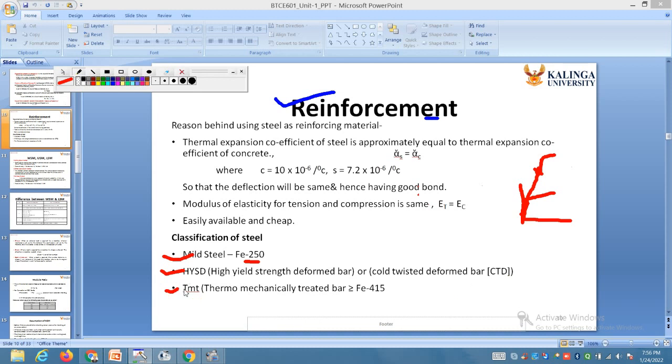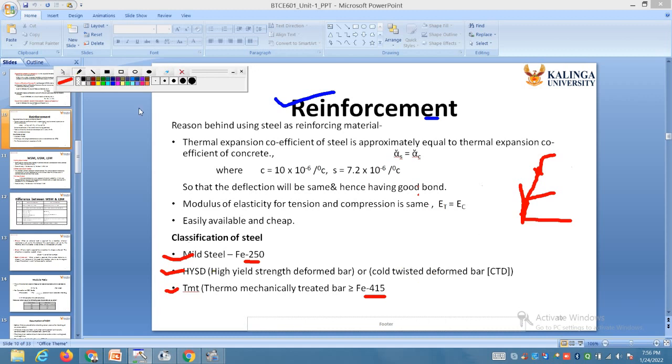So the major classification of reinforcement is of two types: mild steel and HYSD, or CTD or TMT, and their yield strength is 415 megapascal and above.